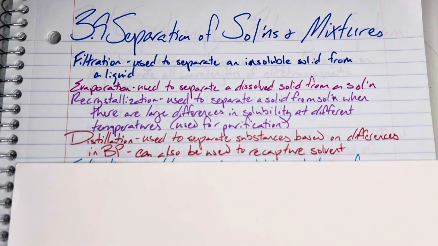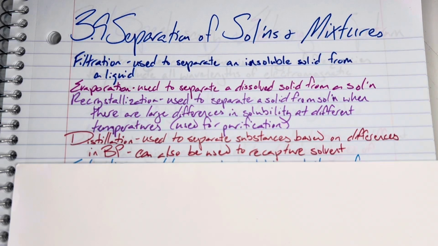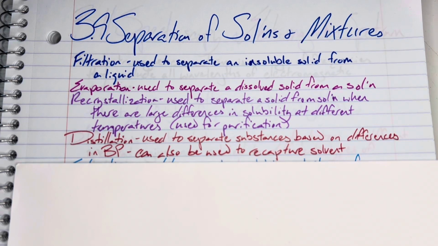So if you want to reuse the solvent for whatever reason, or it's not safe to evaporate it into the general air and evacuate it via the vent hood, or just in the larger lab, you can use distillation to recollect the solvent that has now been separated from the solute.